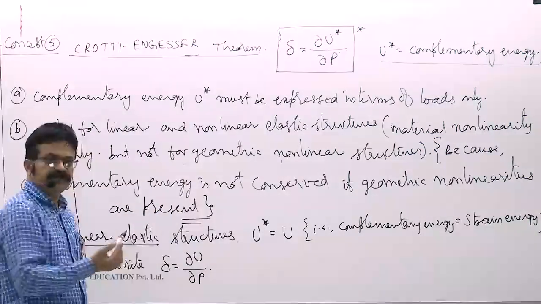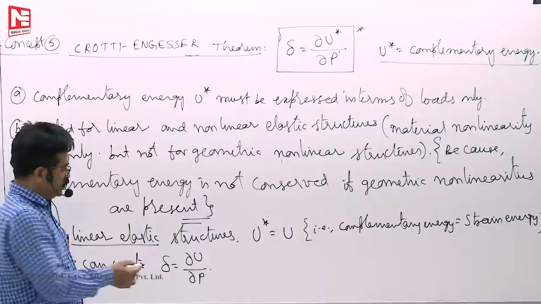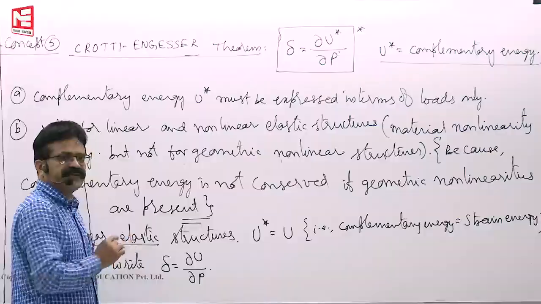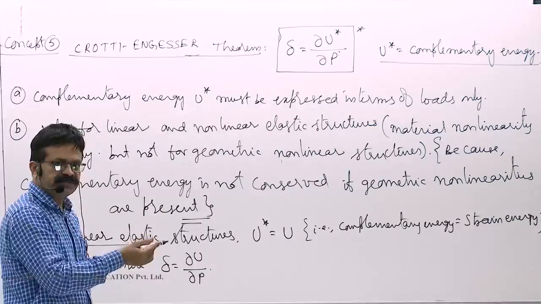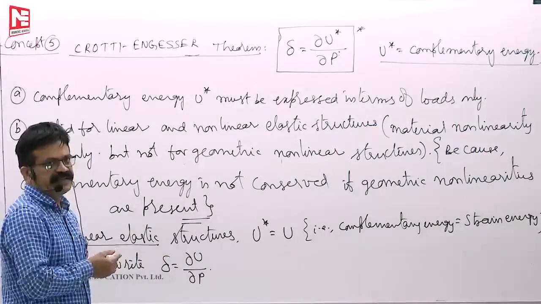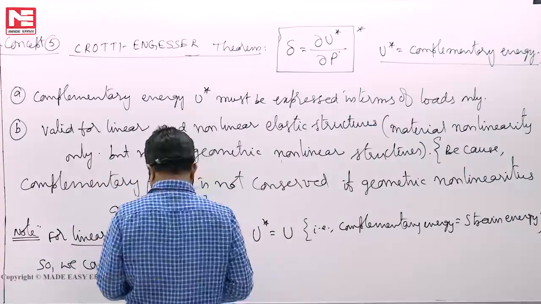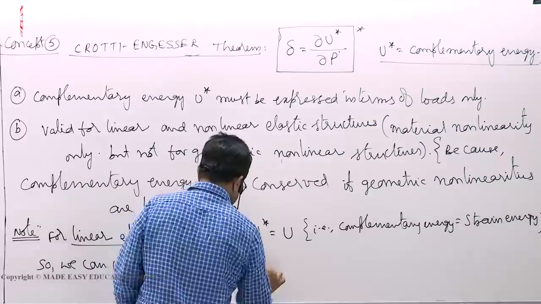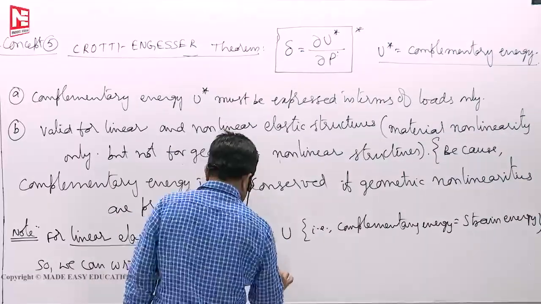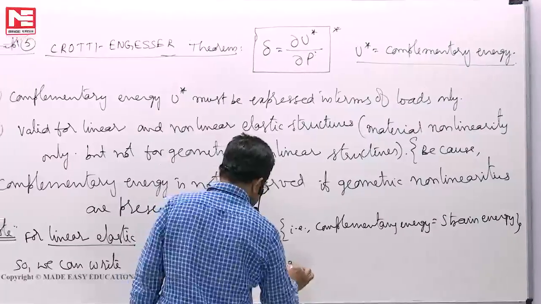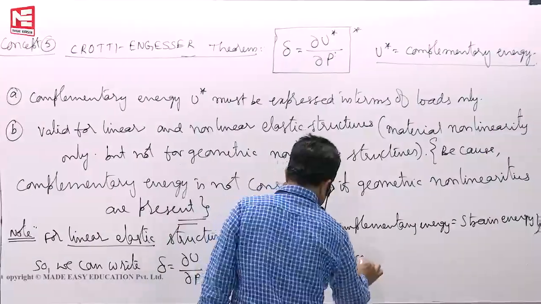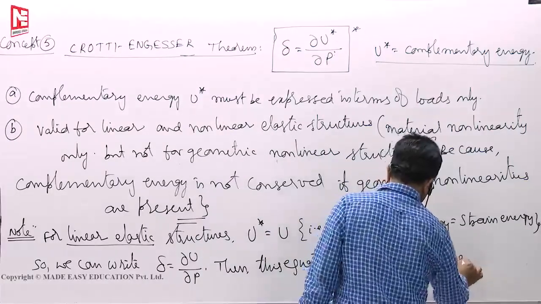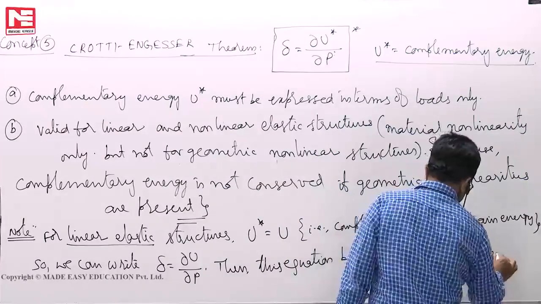Now this is what I have told about Castigliano's theorem 2. Here U is strain energy, valid only for linear elastic structures. Castigliano's theorem 2 he has derived only for linear elastic structures. Delta is equal to dou U by dou P. Then this equation becomes Castigliano's theorem 2.